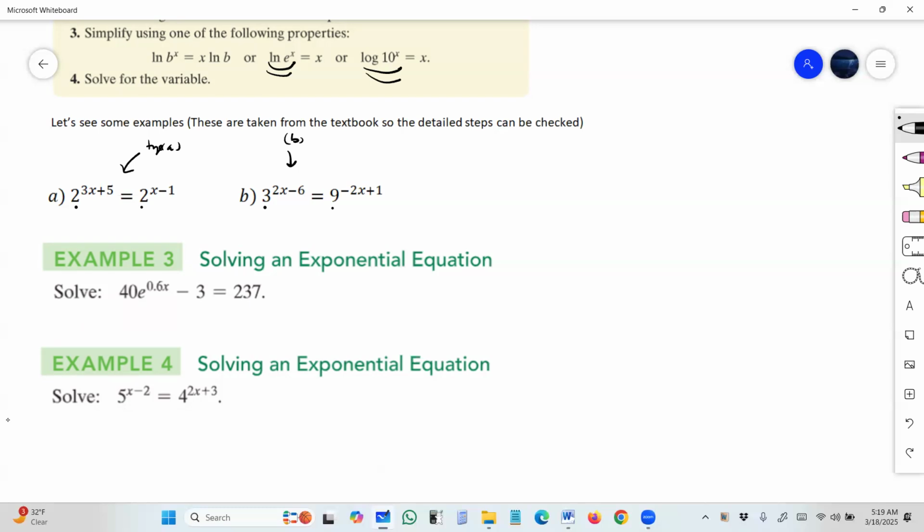And then the last two cases, example 3 and example 4, taken from your textbook, are cases of type C where they cannot be made the same. So this is pretty much everything. If we're able to do these problems, then we should be fine.